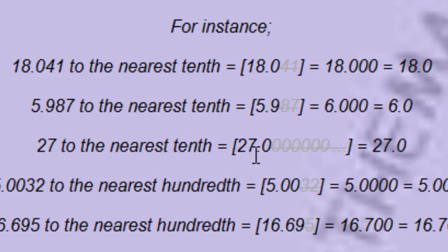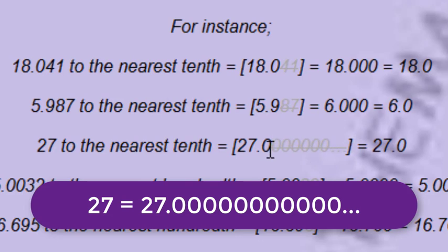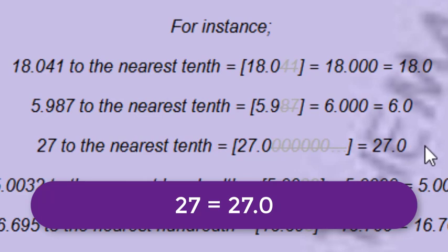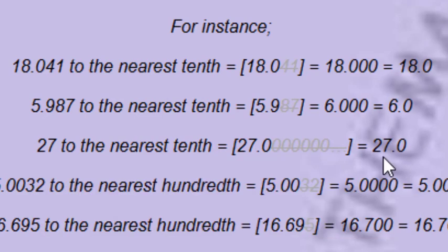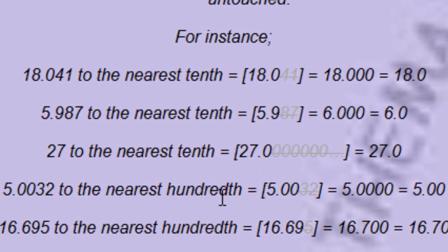However, if you want to approximate 27 to the nearest 10th, revealing all the other zeros it can contain, you realize that you need to knock all of them off except the one in the 10th place, and so you got 27.0.